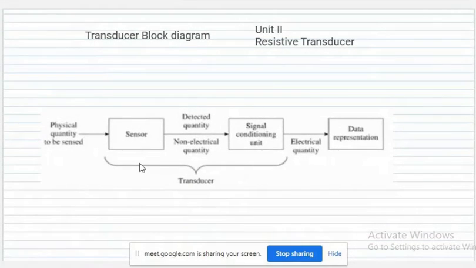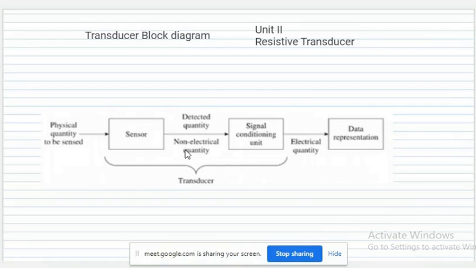Readily available ammeters and voltmeters exist, but it is very difficult to measure passive parameters like resistance, capacitance, and inductance.